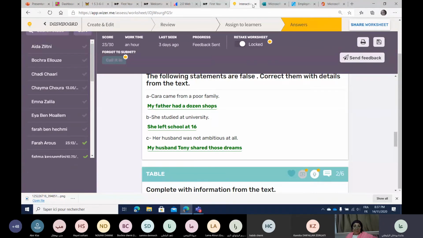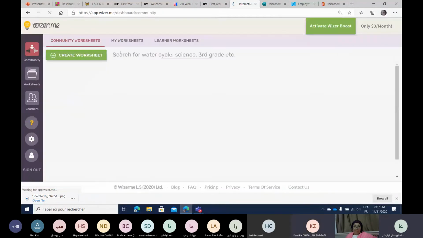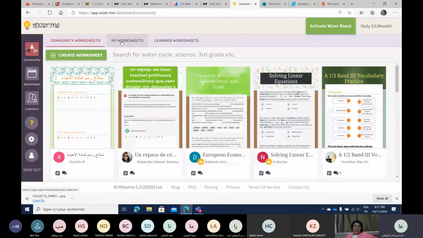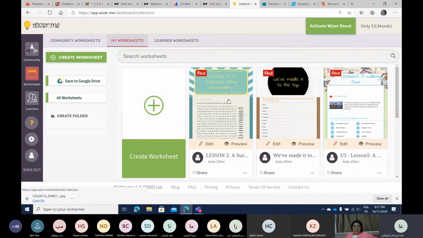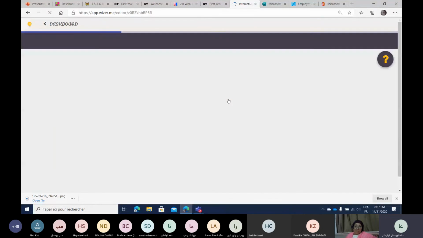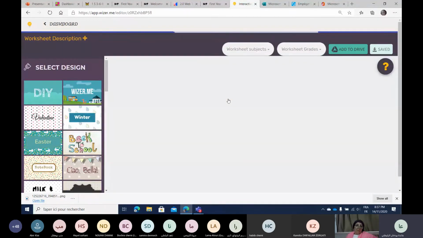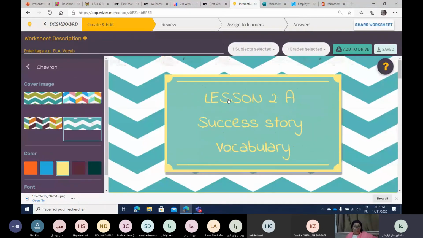Now, when you devise a worksheet via Wiser.me, you can set differentiation rules for your students, for the worksheets to change according to your students' standards.